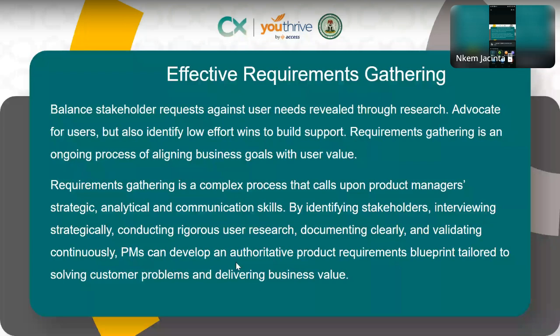So all of these help you create an authoritative product requirement blueprint that is tailored to solving the problem that your customers are experiencing, and helping you also deliver a massive business value to the company.